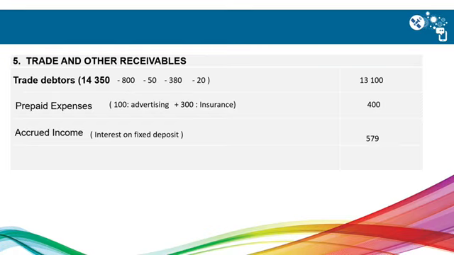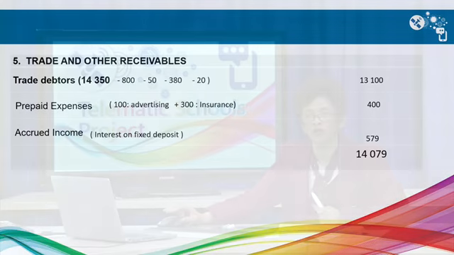So all of these form part of parties, clients who owe me money. It is called trade and other receivables. And the total that will be going to my statement of financial position is 14,079. We have managed to complete 2 notes in full.